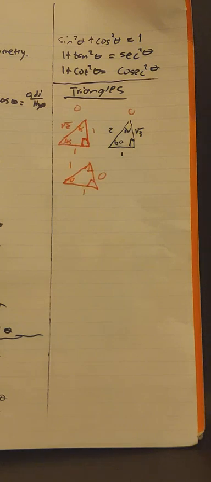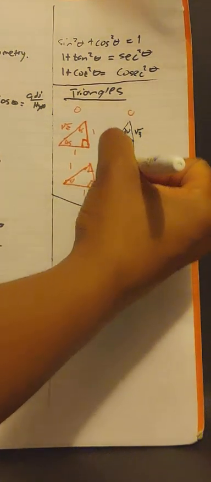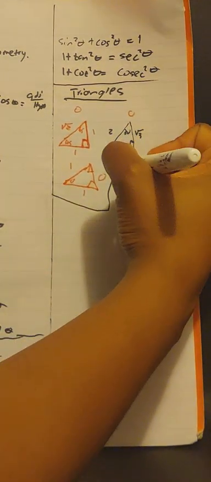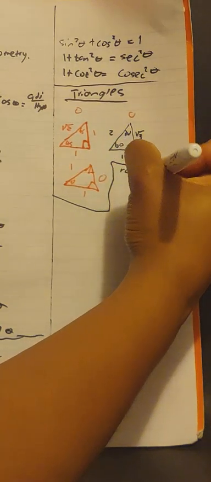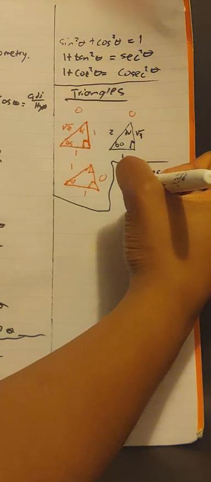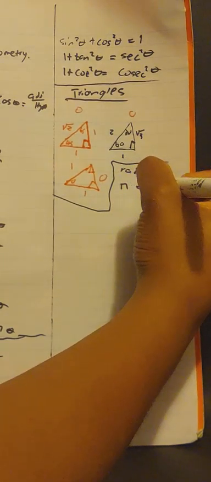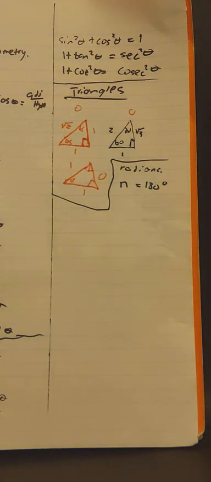Okay, guys, and then this is also important, guys. Your radians are very important here. Know that your pi is equal to 180 degrees. 1 pi is equal to 180 degrees.